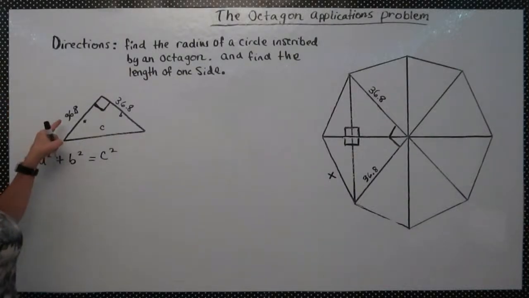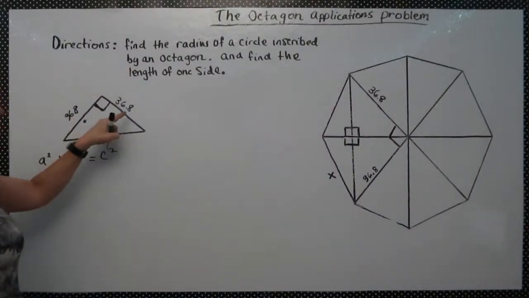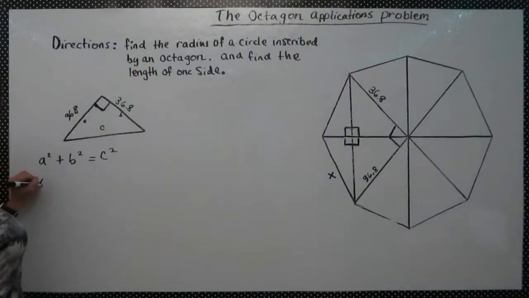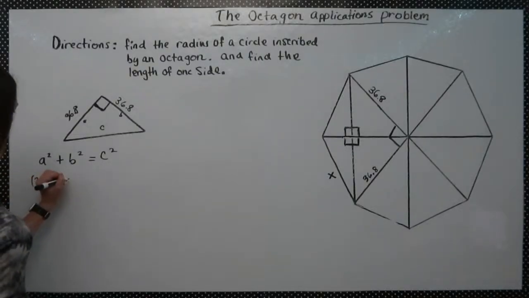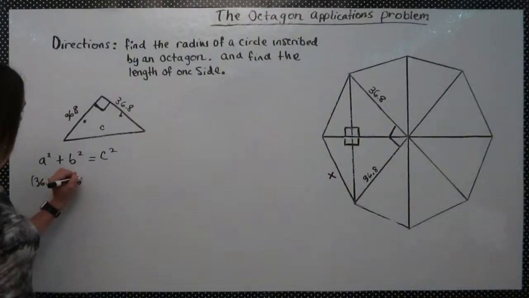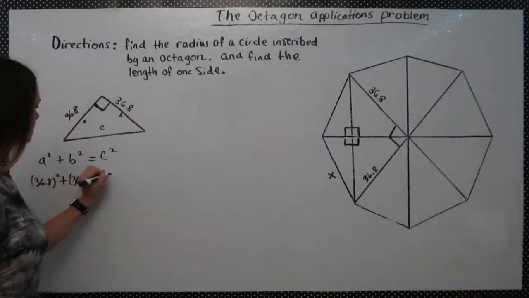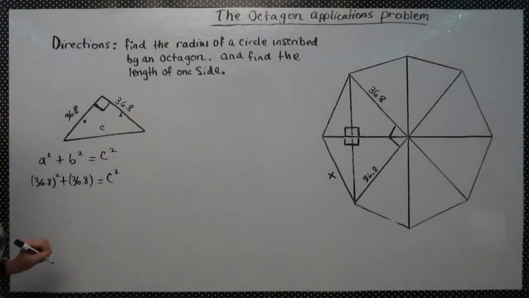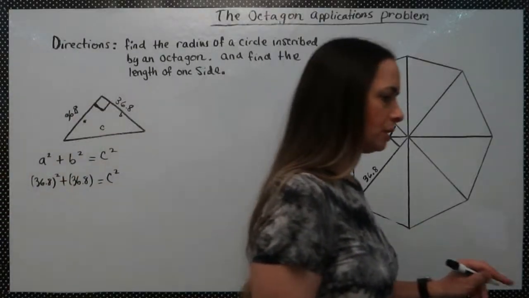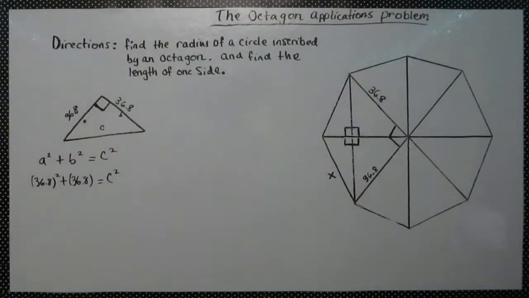So we'll just plug in a and b here. So we've got 36.8 squared plus 36.8 squared equaling c squared. And now I'll go ahead and plug that in my calculator.